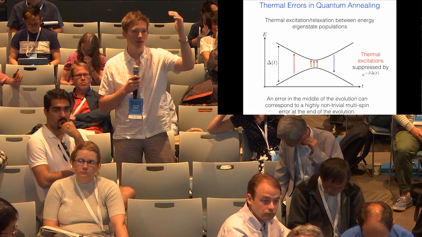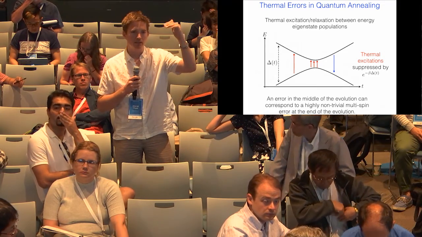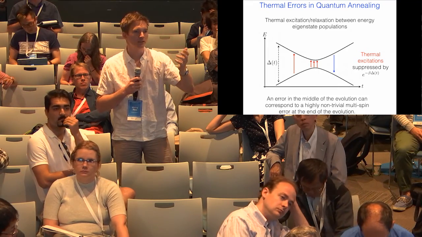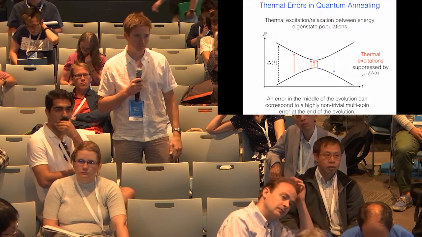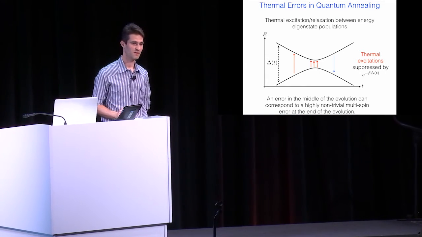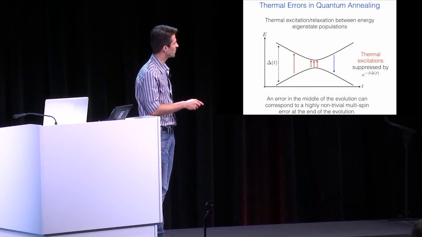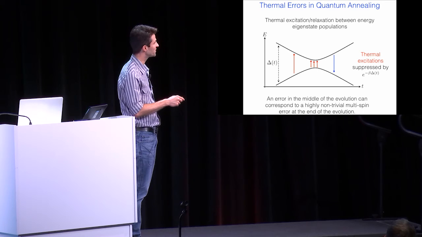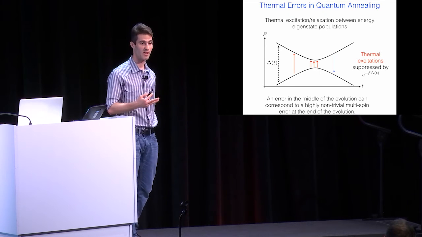Yes. The moment you get a high population in the excited state, or even let's say a 50-50 split, then your rates are basically the same going up or down. Okay, so you're right. So when it's 50-50, yes, right? But now let's say what happened here is that you ended up pushing thermally a lot, but of course here when the minimum gap is small, you also get lots of diabatic errors, right?